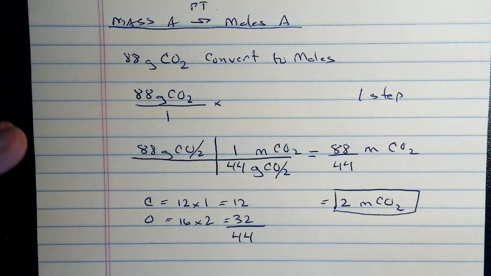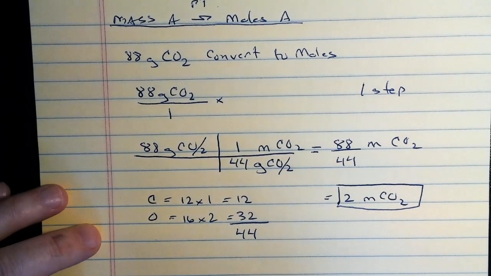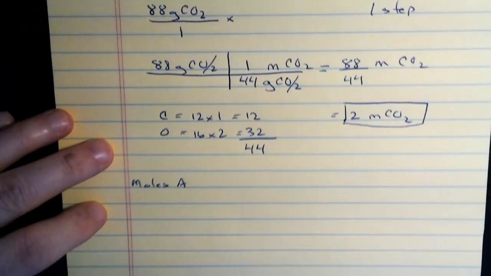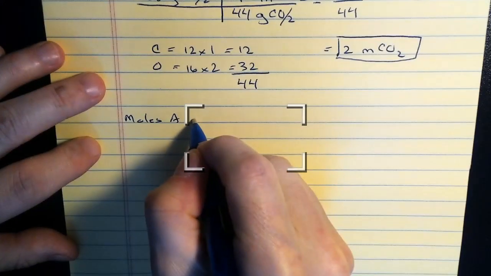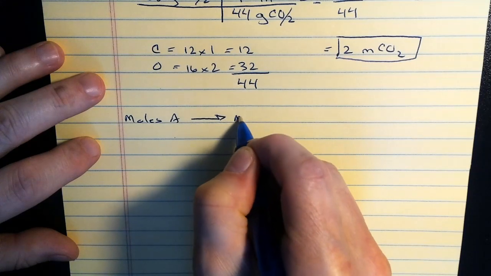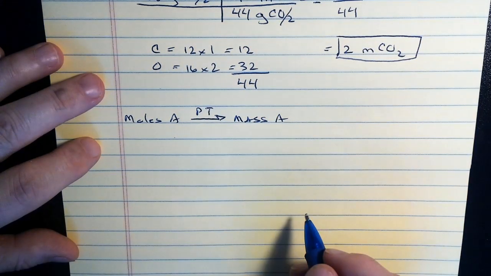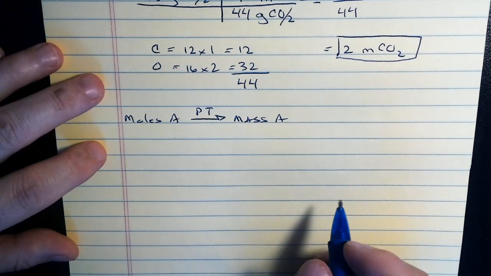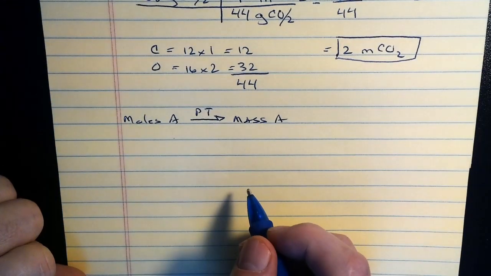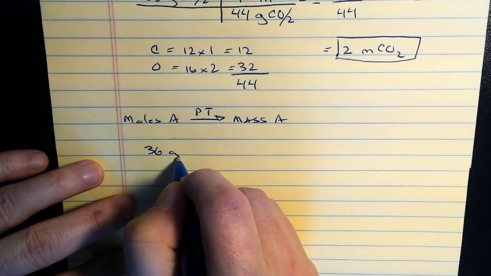And the reverse. Okay, if you were doing the reverse, let's say we're doing moles A, and we're going back to mass of A, and we use a periodic table either way that you go. And let's say that we have 36 grams of water.